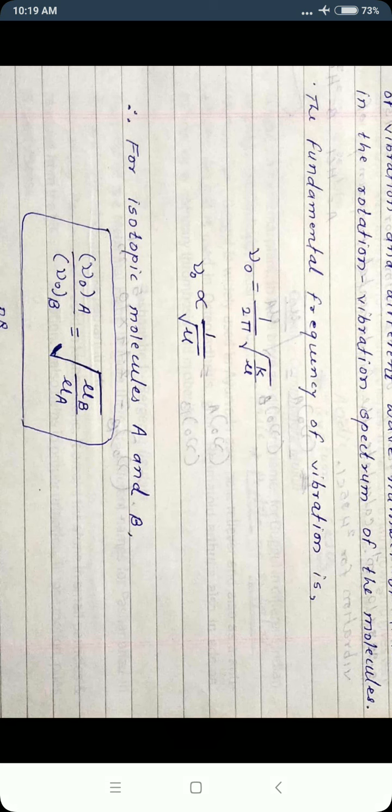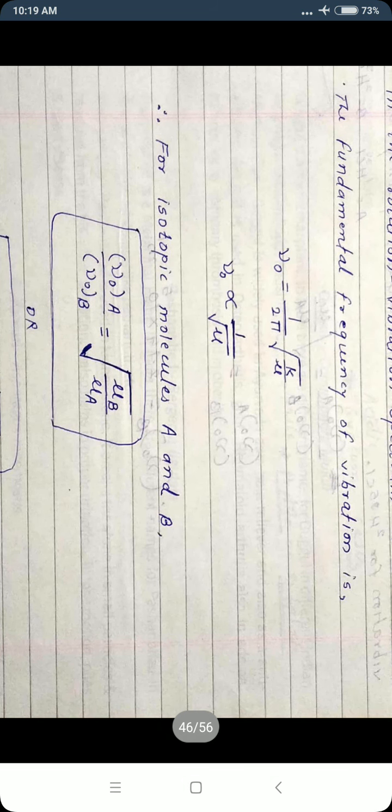For example, if A is considered as carbon monoxide having carbon 12 and oxygen 16, while B is carbon monoxide having carbon 14 and oxygen 16, then ν0A/ν0B is equal to the square root of μB/μA.